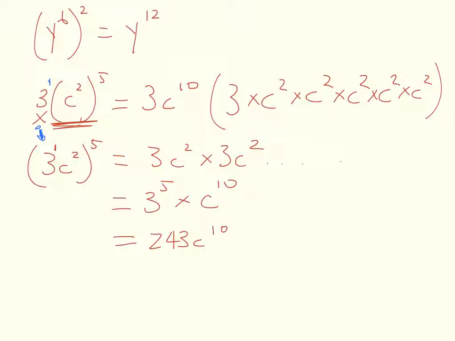Just one more for you guys. Something a little bit harder, but again, it combines the exact same skills. I've got h to the power of 11 all squared divided by h to the power of 5 all to the power of 4. Alrighty, so the exact same skills apply here. So let's deal with this left to right. I'll start with this one.